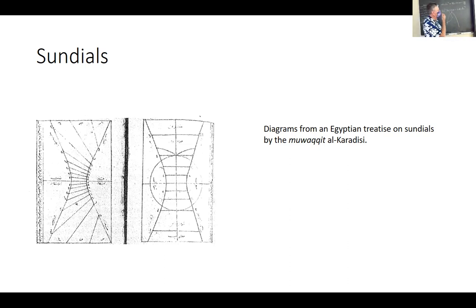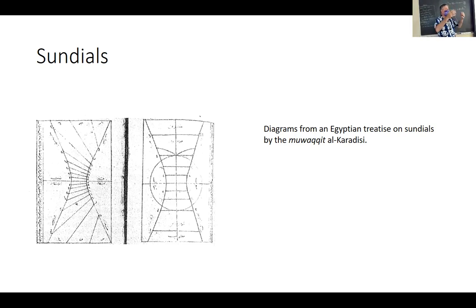For example, this is an illustration from a 15th century Egyptian treatise on sundials made by a man called Al-Kawandisi. He was interested in sundials because he was a muwakit, someone who calls prayer time.